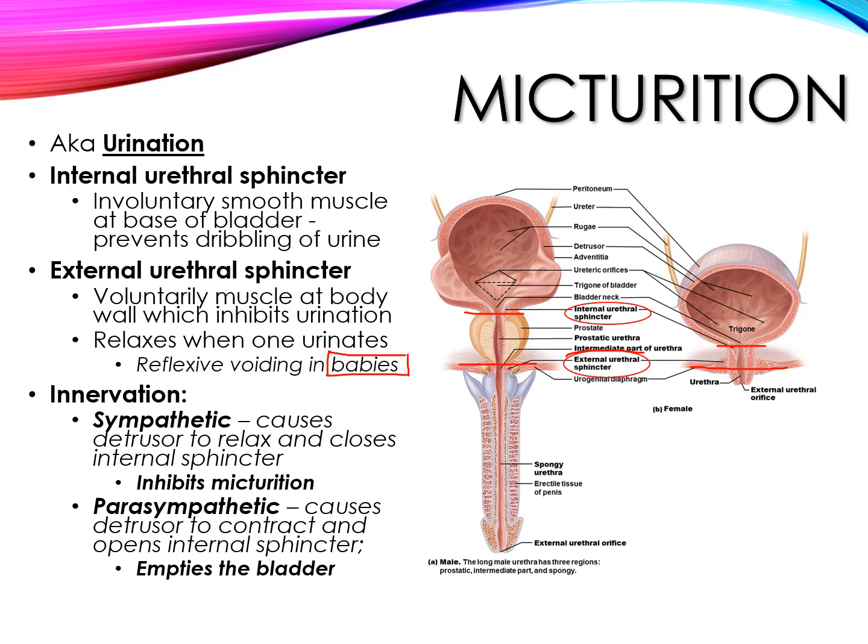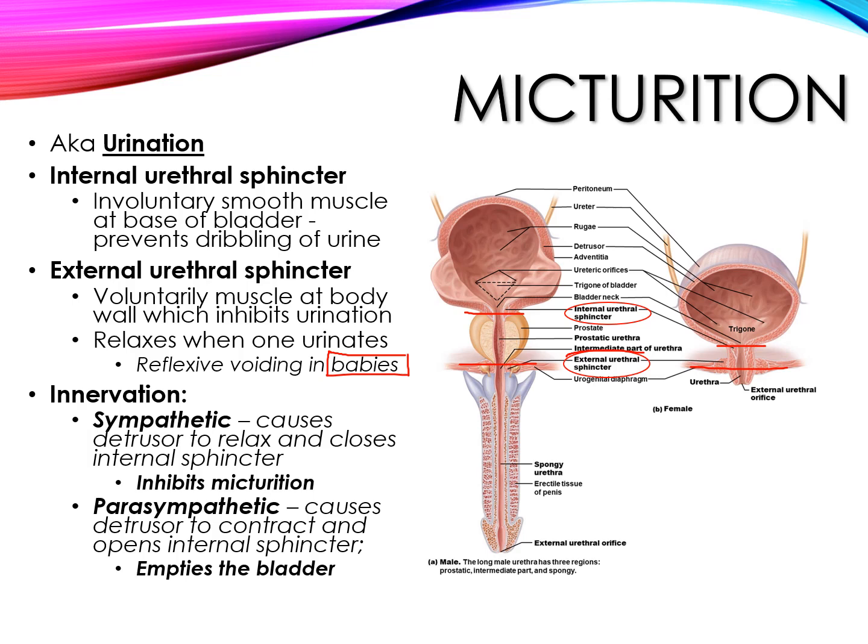So the innervation is important. So it's all the autonomic nervous system when we're talking about the detrusor muscle, as well as that internal sphincter. So we have control over the external sphincter, but the autonomic nervous system has control over the detrusor muscle and the internal sphincter. So the big thing I want you guys to know is that the sympathetic nervous system inhibits micturition, right? You don't really want to be urinating while you're running away from the tiger, right?